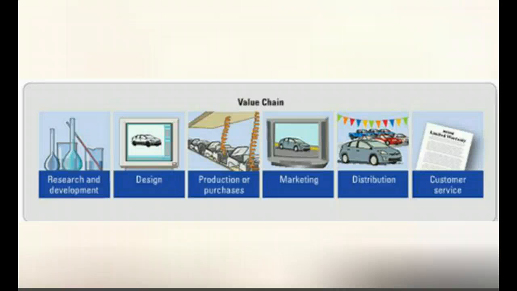Now, 5 of these costs, all except for production and purchases, would be present really in any kind of firm, whether it's a service firm or a manufacturing firm or a marketing firm. But production or purchases are costs which apply only to manufacturing and merchandising firms.